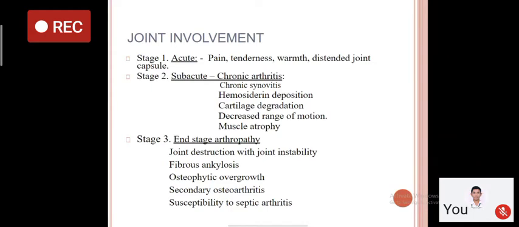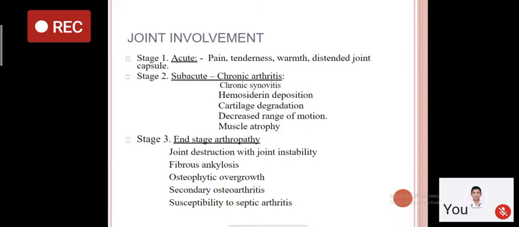So in the acute stage, there is pain, tenderness, warmth, and distension of the joint capsule at the time of bleeding. But once the bleeding has resolved, the stage of chronic arthritis develops. Because of the irritation and chemical composition of the blood within the joint capsule, there is chronic inflammation leading to chronic synovitis and deposition of hemosiderin, which ultimately leads to cartilage destruction and decrease in the range of movement.